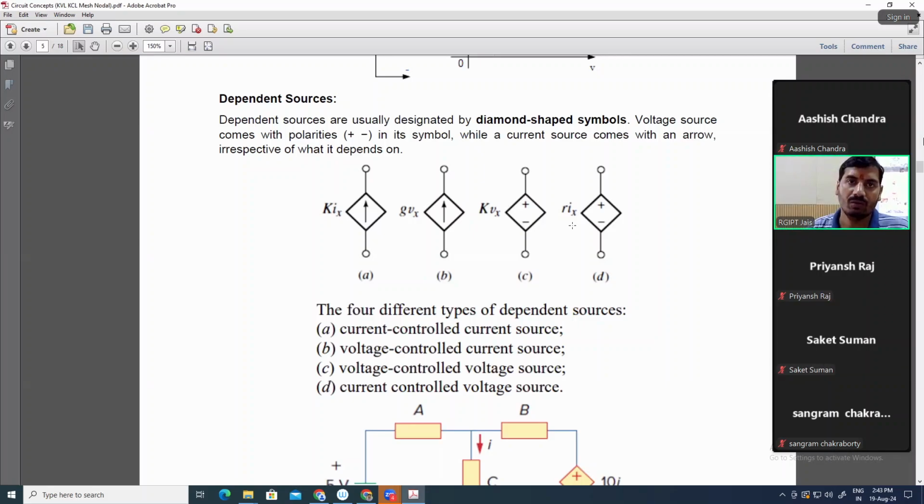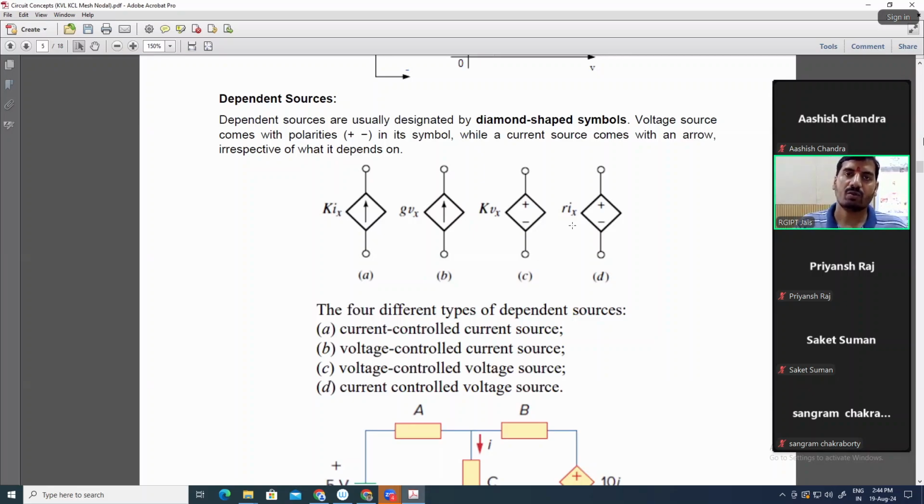I think you got the difference between independent and dependent sources. Independent sources do not depend on any other circuit parameters. Circuit parameters means we have only two options, either current or voltage.